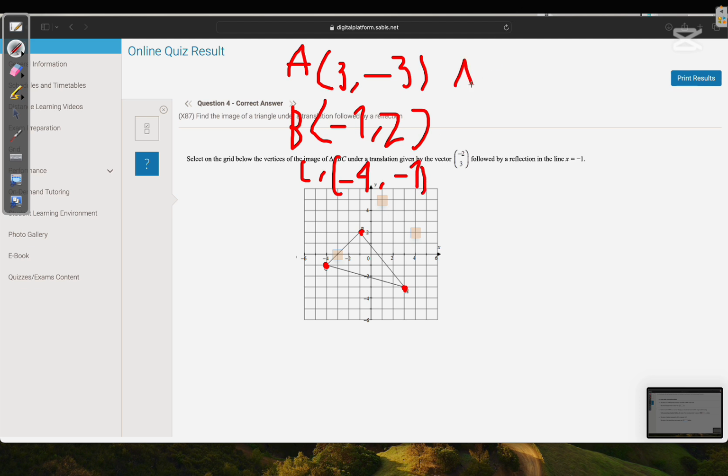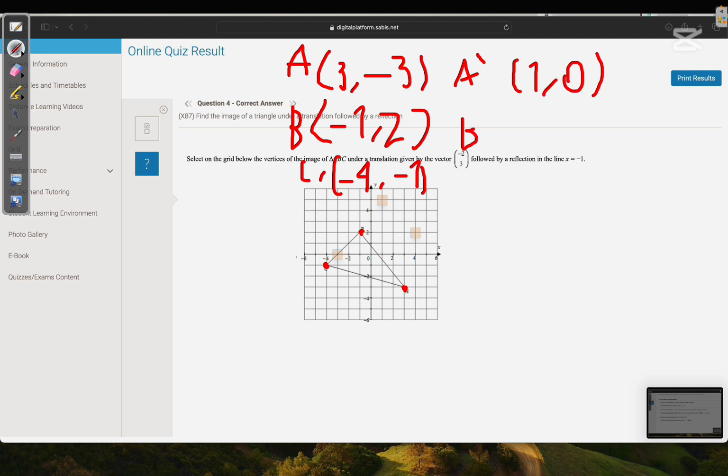First, let's apply the translation by the vector. So we add negative 2 to x and 3 to y. So A prime is 1, 0.